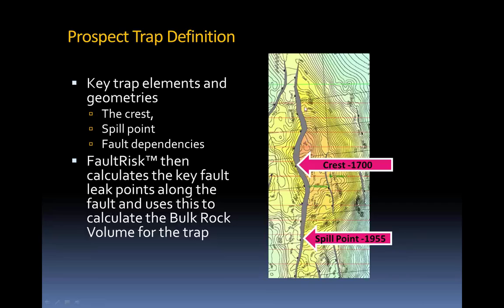The map is based on a fine grid of 2D seismic, which has come from Petrosys, and the key element that we're going to look at is this fault. Is the fault going to seal or not? And if so, where's the spill point? We're going to calculate bulk rock volume and compare that to normal methods used for risking to see how FaultRisk does things.